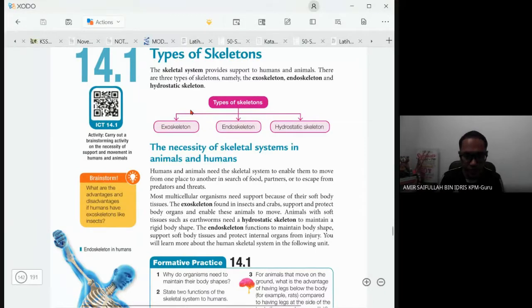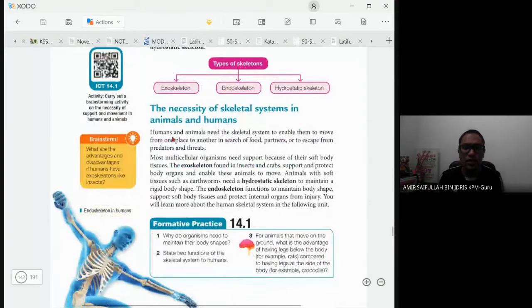Okay. So kalau kita baca sini, why importance? So human and animal need the skeleton to enable them to move from one place to another to find food, partner, and also to escape from predator and threat. So most multicellular organisms need support because of their soft body tissue.